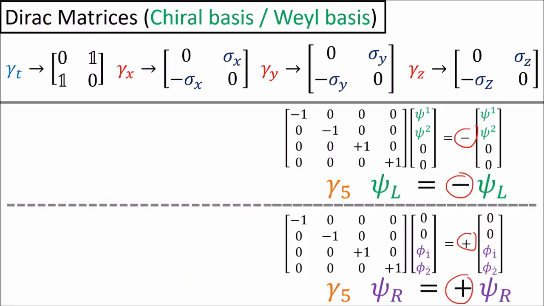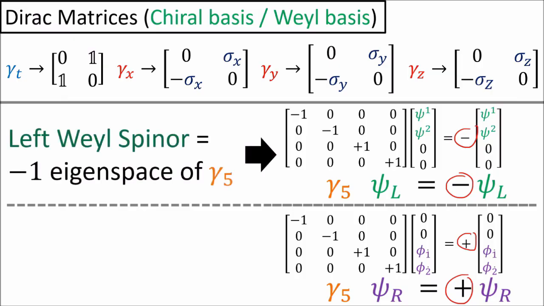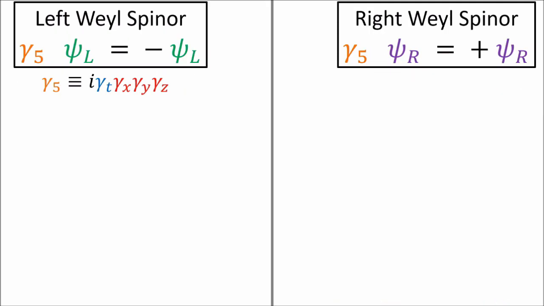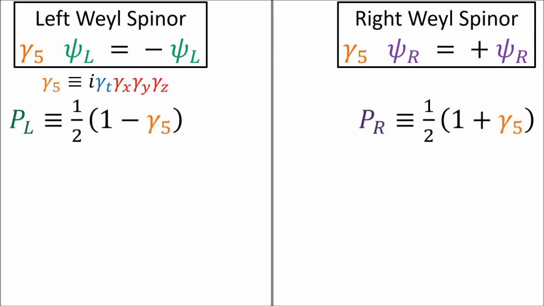When we apply gamma 5, the left portion will have an eigenvalue of -1, and the right portion will have an eigenvalue of +1. These properties hold in all matrix representations for the gammas, not just the chiral basis. Using this knowledge, we can define the left and right projectors PL and PR.